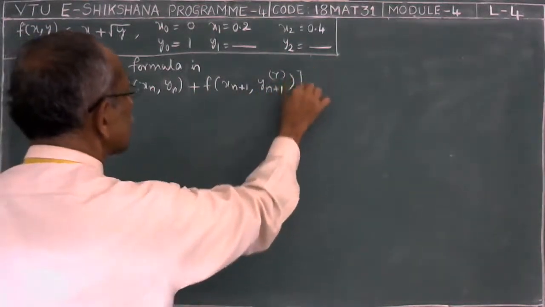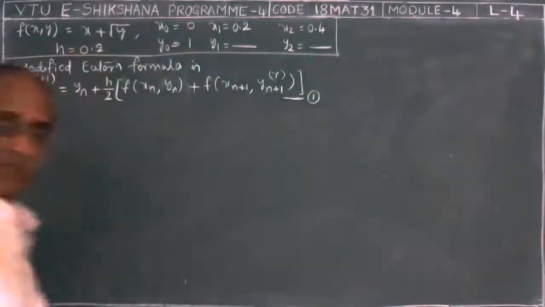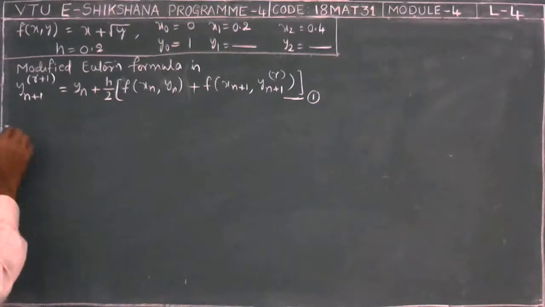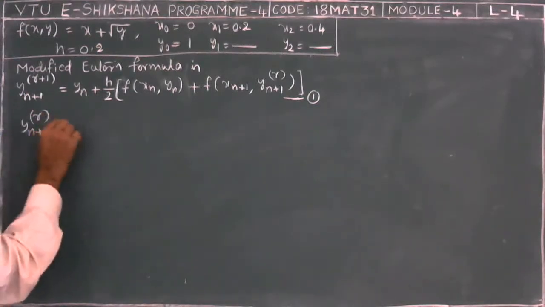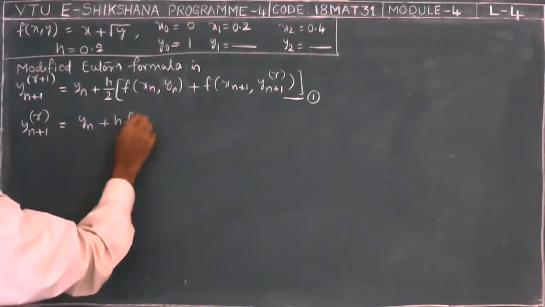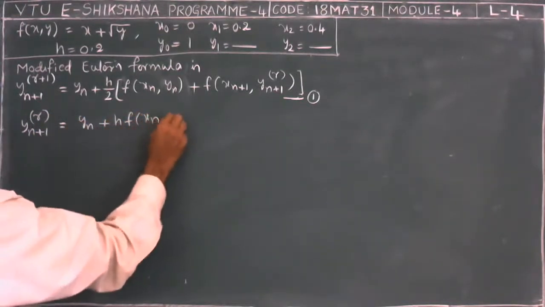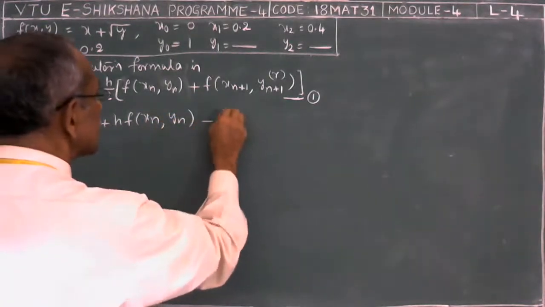Close the square bracket. Call this equation number 1, where yn plus 1 superscript 0 is equal to yn plus h into f of xn comma yn. Call this equation number 2.